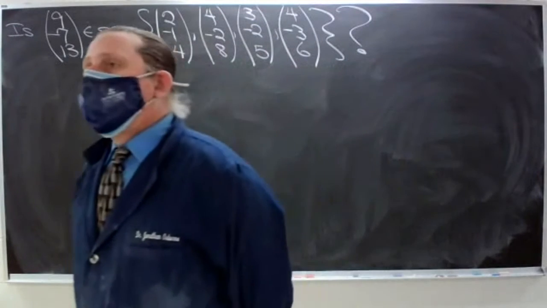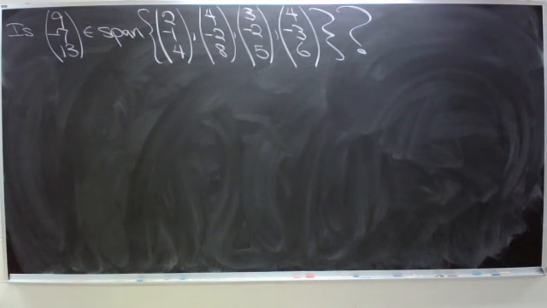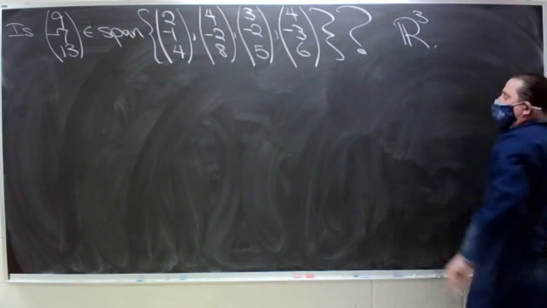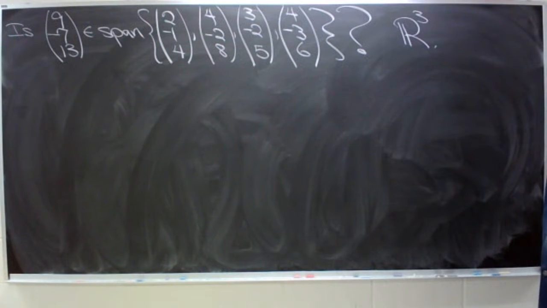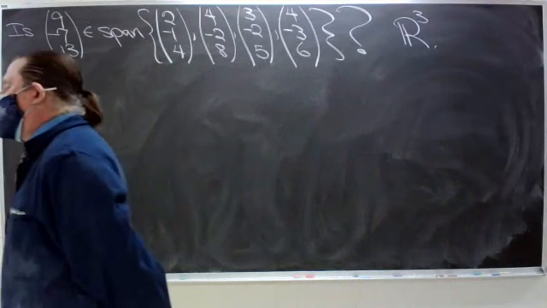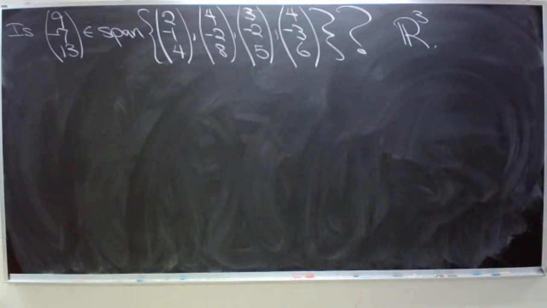All the vectors on the board are elements of R3, the set of ordered triples of real numbers. Okay? But that doesn't mean that the vector space on the right, span of these four vectors, is R3.